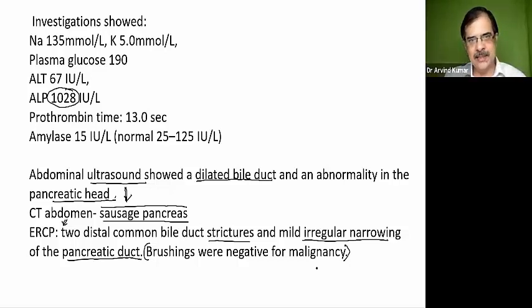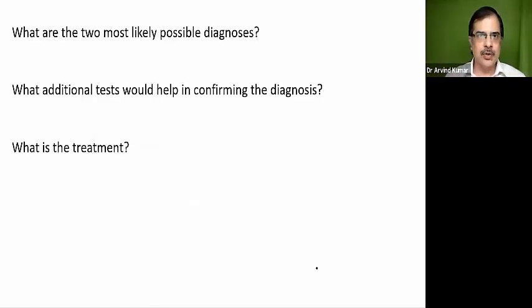So based on these investigations, it is a case of obstructive jaundice with CT abdomen showing some pathology of the pancreas.